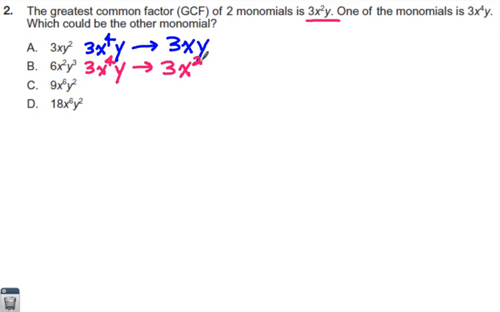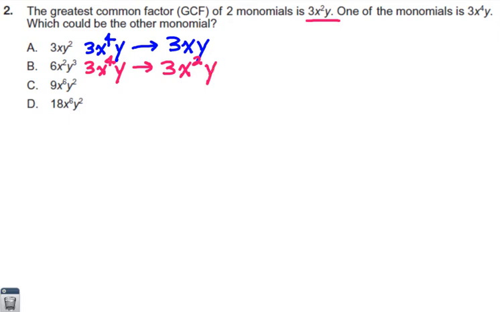But here, when we're doing GCF of these two things, we're taking the smaller of the two exponents for the x's, and now the smaller of the two exponents for the y's, which would just be 1, y to the first power. And it seems like that's going to be it.